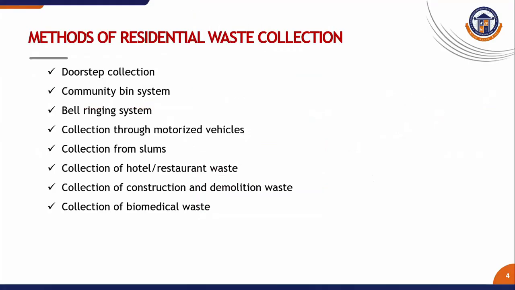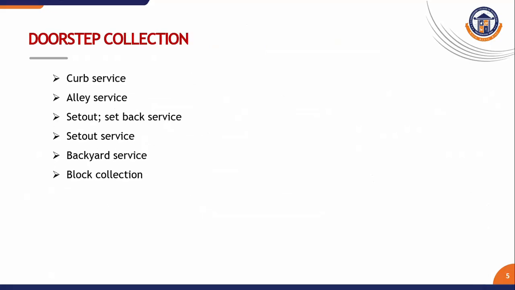Methods of residential waste collection: door to door step collection, community bin system, bell ringing system, collection through motorized vehicles, collection from slums, collection of hotel or restaurant waste, collection of construction and demolition waste, and collection of biomedical waste.